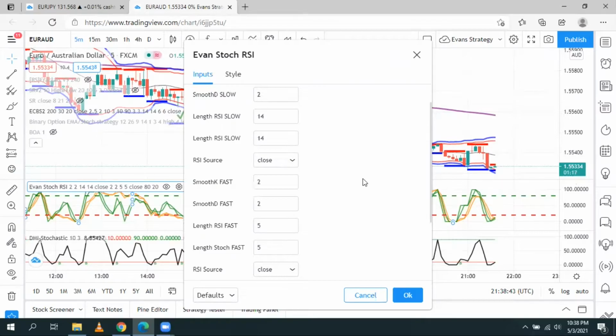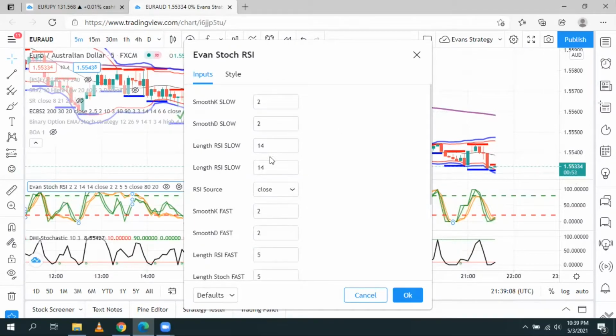For the slow, leave the length RSI at 14 and the stoch at 14. But for the fast one, put the RSI at 5 and the stoch at 5 as well. Instead of doing it one by one, this strategy has made it very easy for you to just have the 2 together.